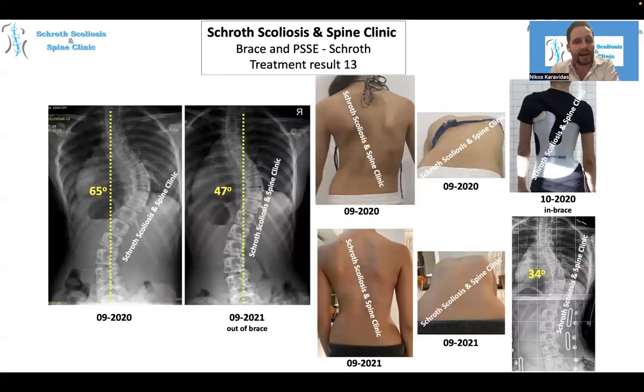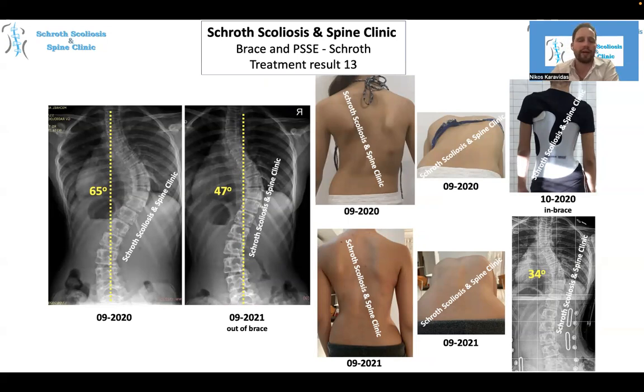And another treatment result, again coming from my clinic, with a combination of brace and scoliosis-specific exercises, the Schroth method, our technique. This curve started from 65 degrees at Research 1. So at that stage, no orthopedic surgeon gave any chance for non-operative treatment to the family.